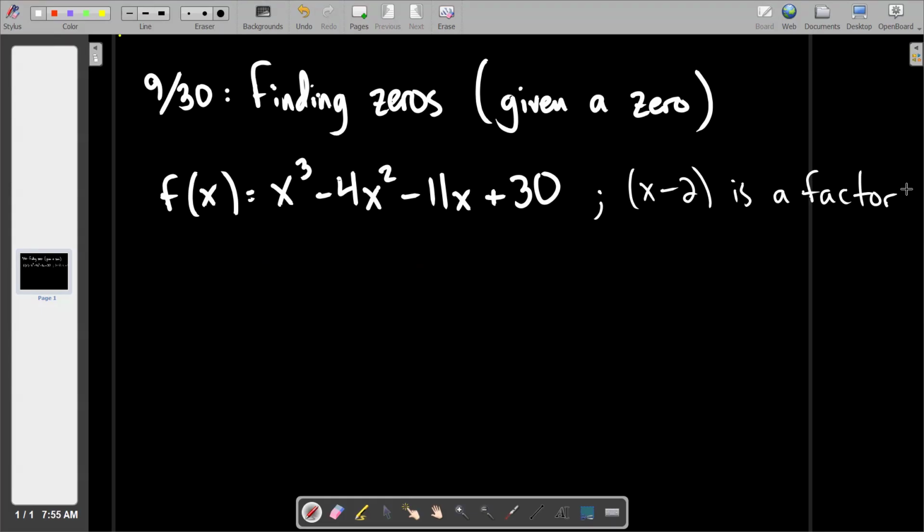Like it will be said different ways. So in the notes here today, I've got 4 examples and I'll have 2 examples of each so that you're comfortable with the lingo. So if x minus 2 is a factor, then there's a way that we can actually divide this polynomial down and expose the part of it that hopefully we can factor.